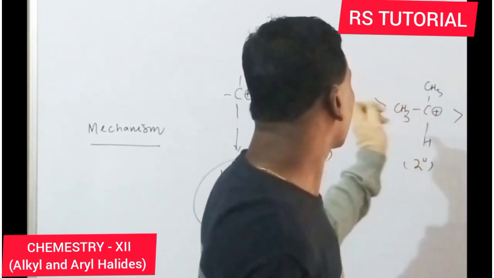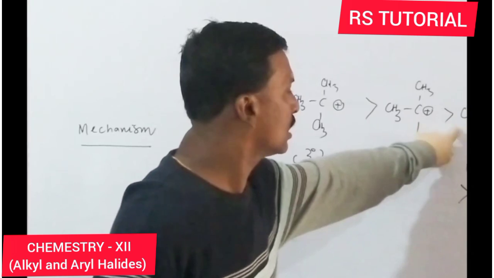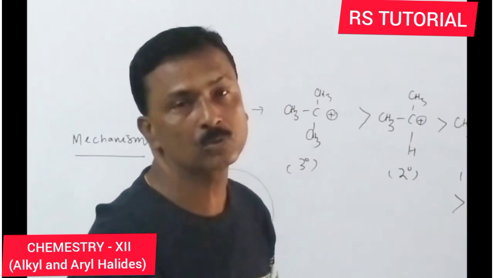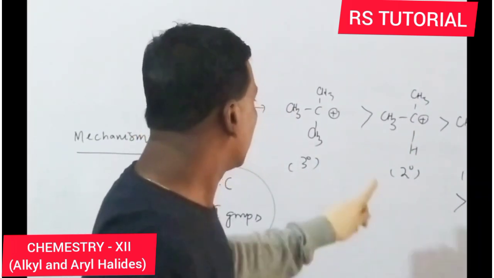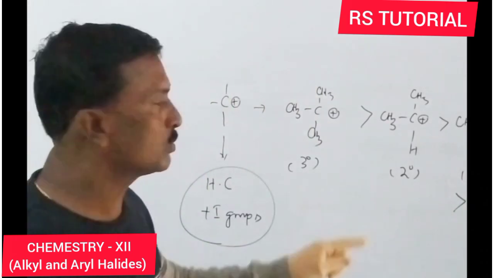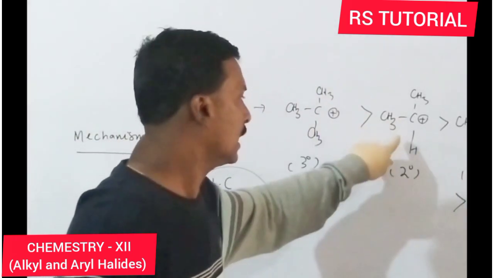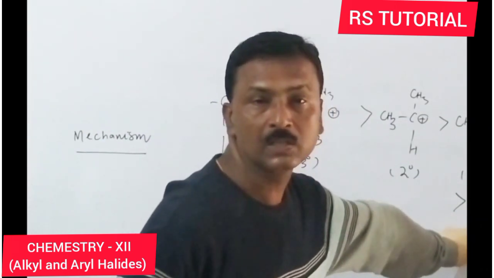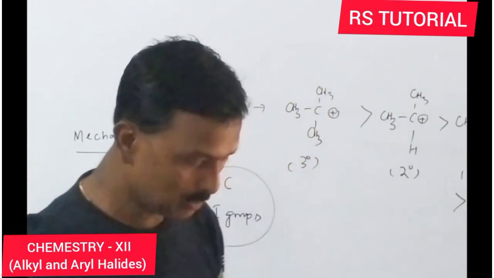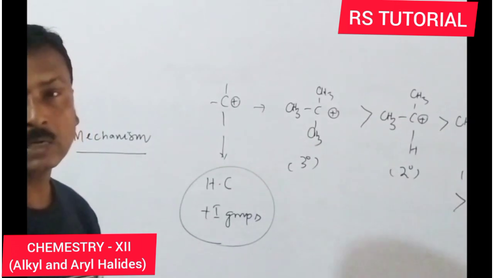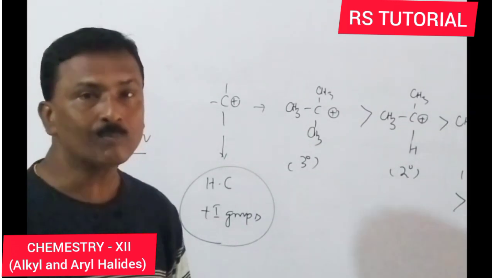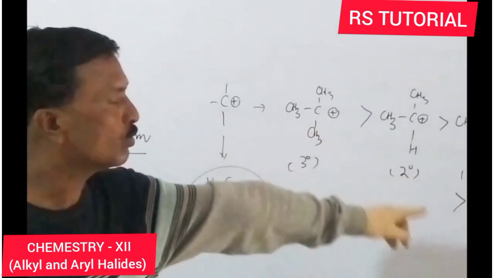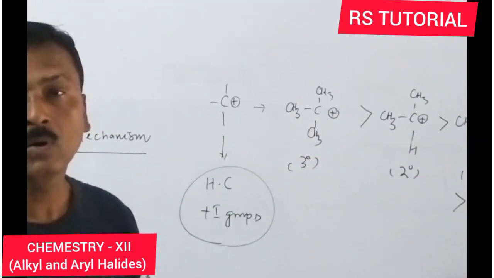Okay, 3 more, 9 more, 6 more, 3 more. In this case, there are no hyperconjugated structures. Therefore, charge is dispersed more here, then here, lastly here no dispersion. This is the most unstable carbocation. So, to understand the mechanism of Markovnikov's rule, you have to know this stability of carbocation.